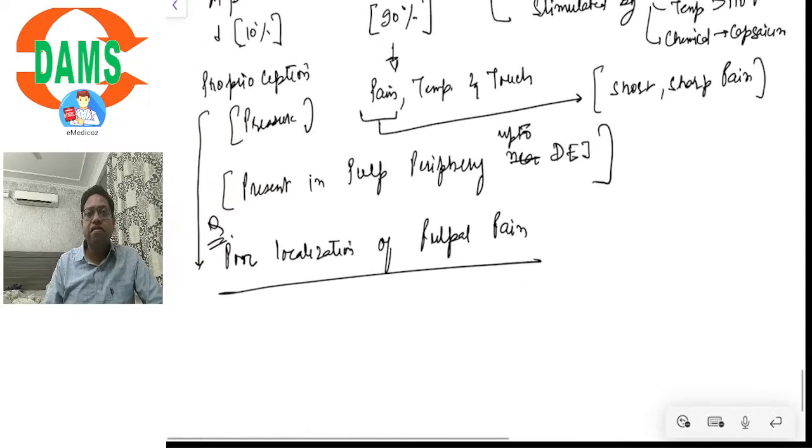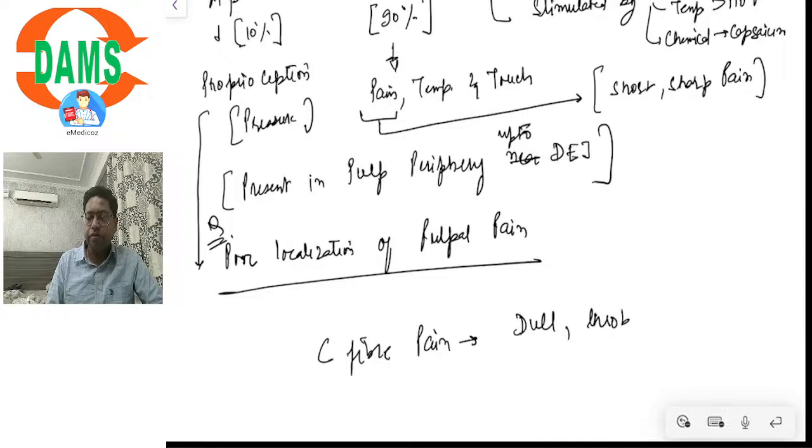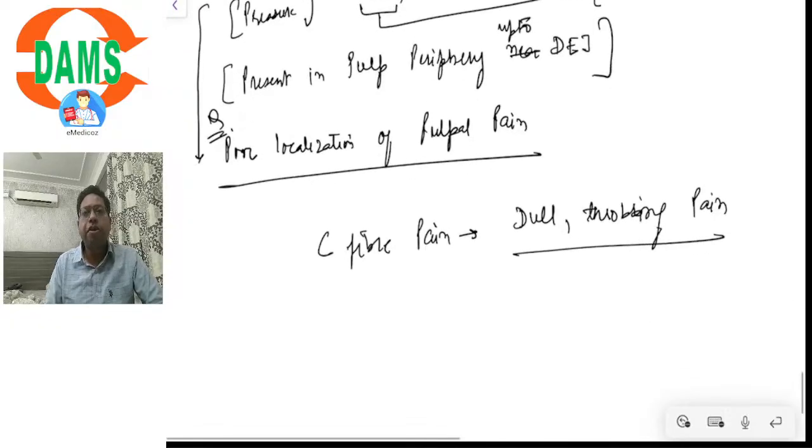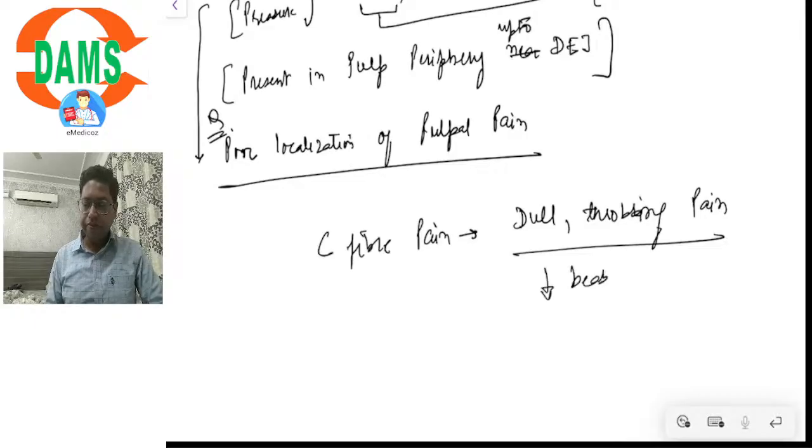This is about the sensory innervation of dental pulp. The quality of pain carried by C fibers is dull, throbbing, pulsatile pain that is less bearable for the patient as compared to the short, sharp pain caused by A delta fibers.